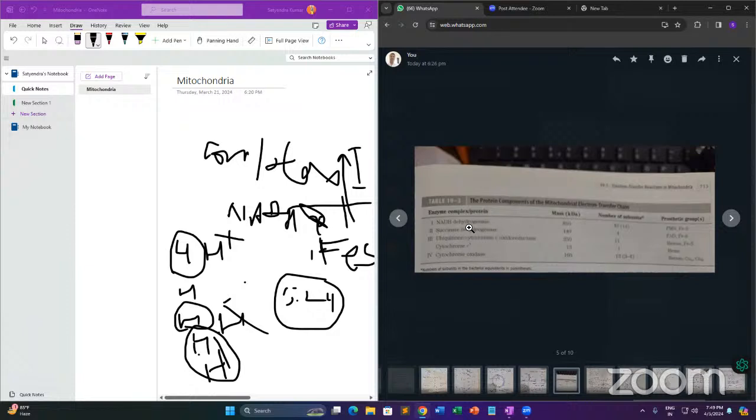The synthesis of the NADH dehydrogenase enzyme requires both the nuclear genome and the mitochondrial genome, so both are interdependent. In that interdependency, 37 polypeptide chains are synthesized on the nuclear genome and 7 polypeptide chains are synthesized on the mitochondrial genome.